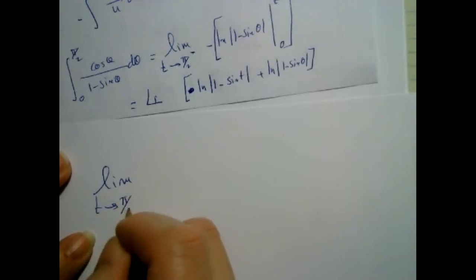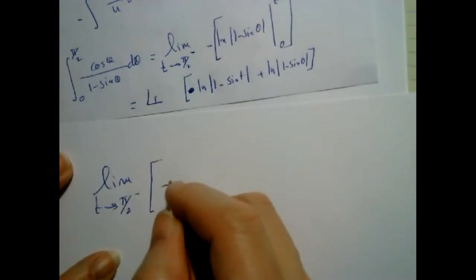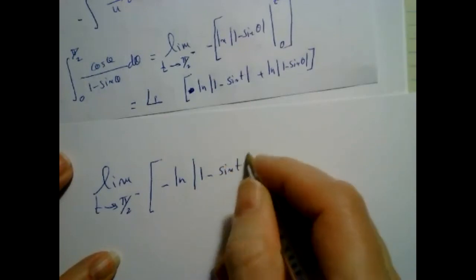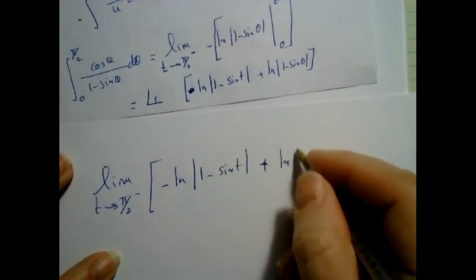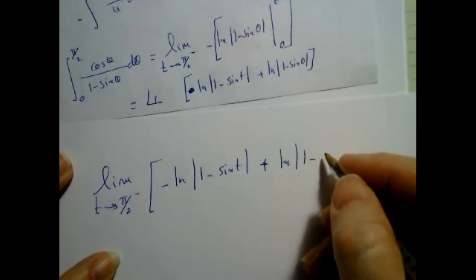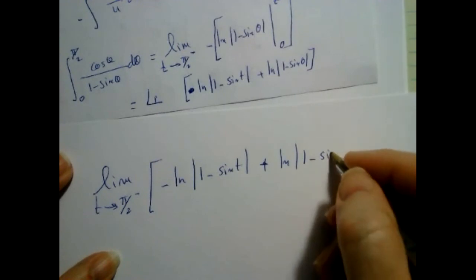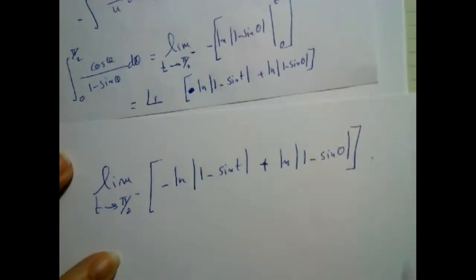It's a 1 minus the sine of t plus 1 minus the sine of 0. Now the sine of 0 is 0, but I will write this in a minute. Now analyze that, and we'll be done.